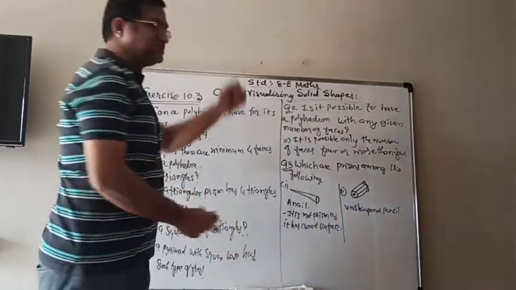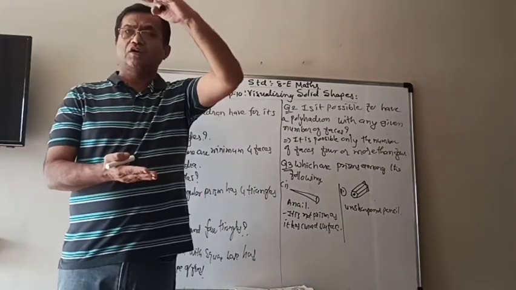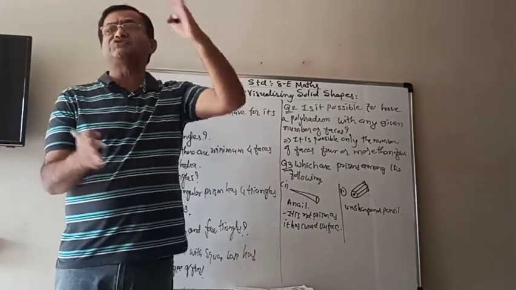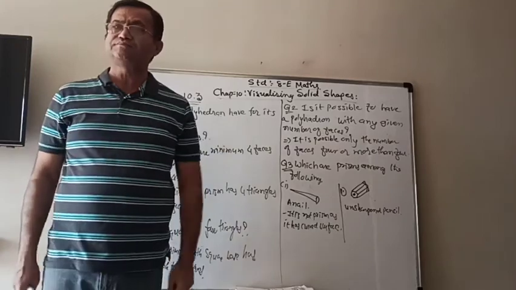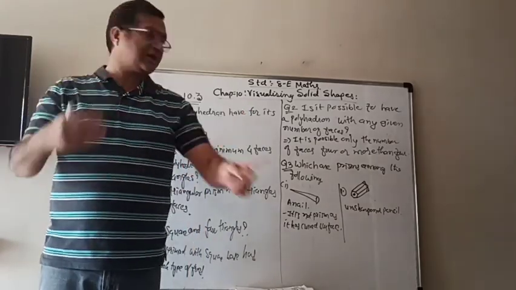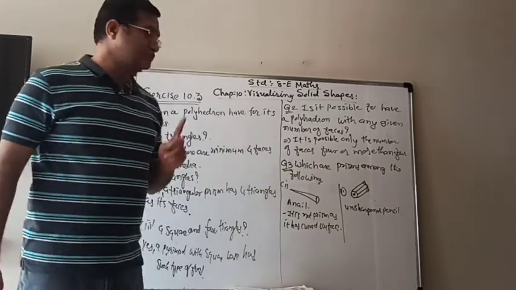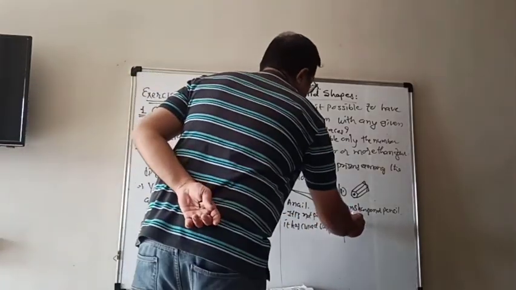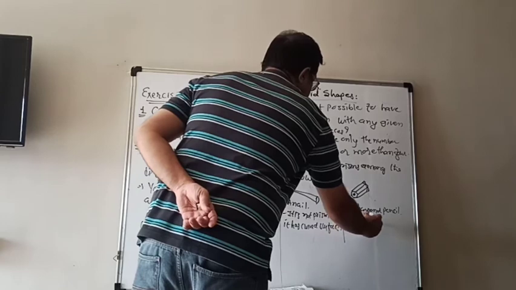So when the pencil is unsharpened, you will see that the top and the base will be the same hexagonal. Same base. And other surfaces are parallelograms. So it is a prism.